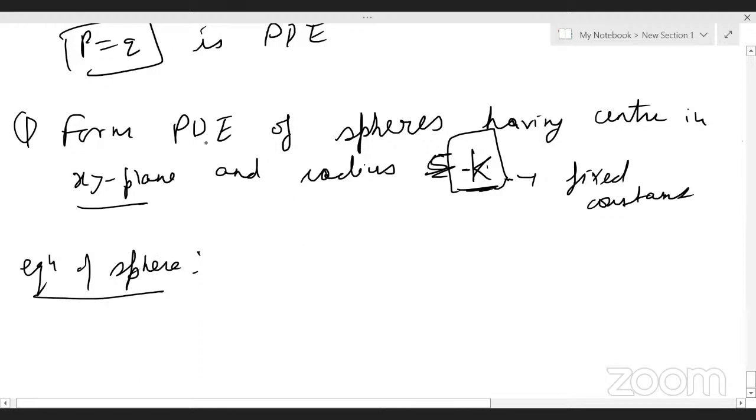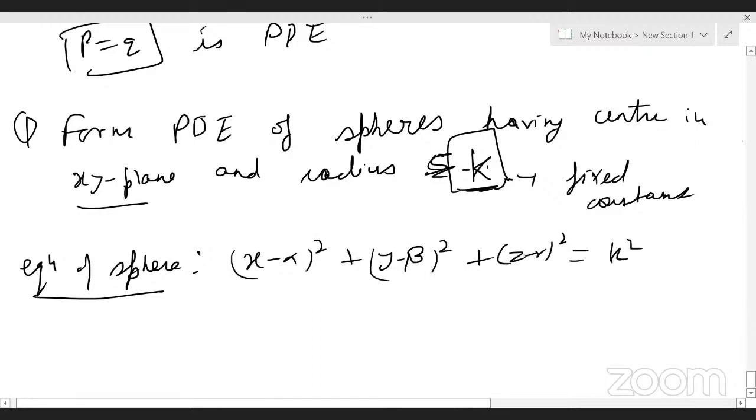For formation of PDE, a lot of questions will require knowledge of 3D: how to write the equation of a tangent plane, how to write the equation of a cone, all this. What is the equation of a sphere? (x minus alpha) squared plus (y minus beta) squared plus (z minus gamma) squared is equal to k squared.